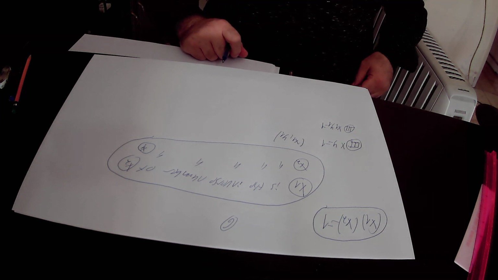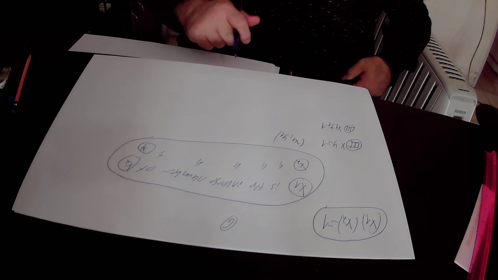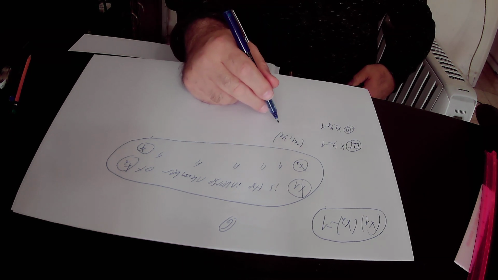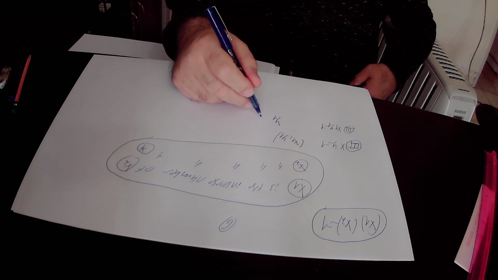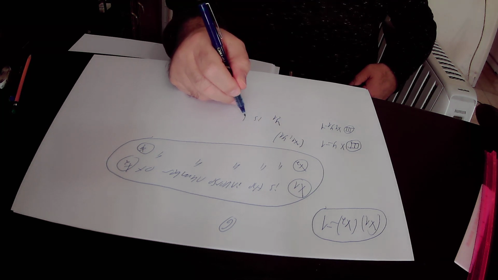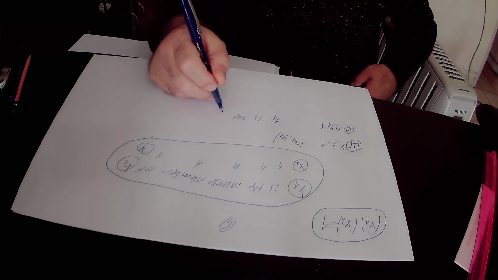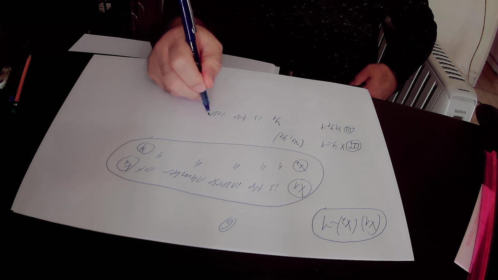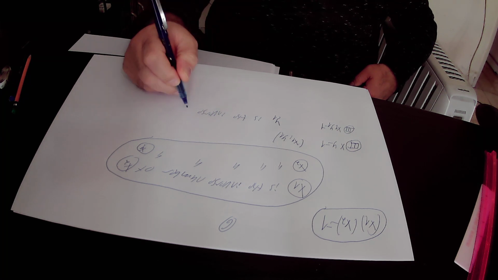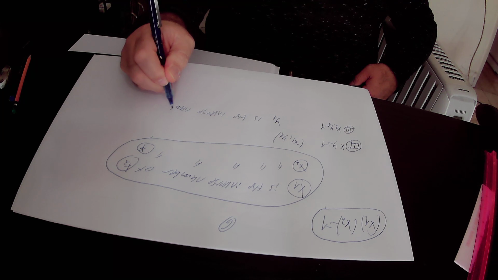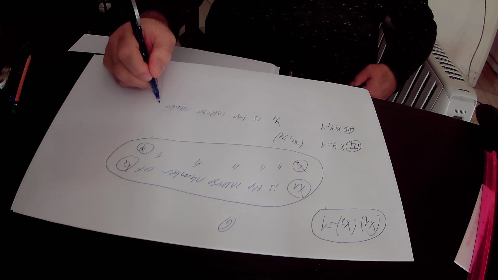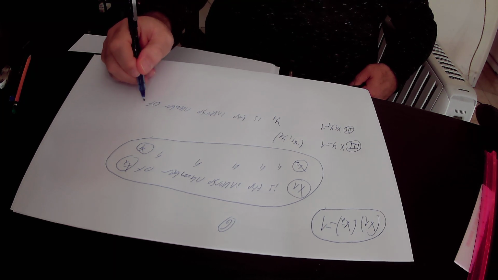What does this equation mean? x1 times y1 equals 1. It means that y1 is the inverse number of x1.